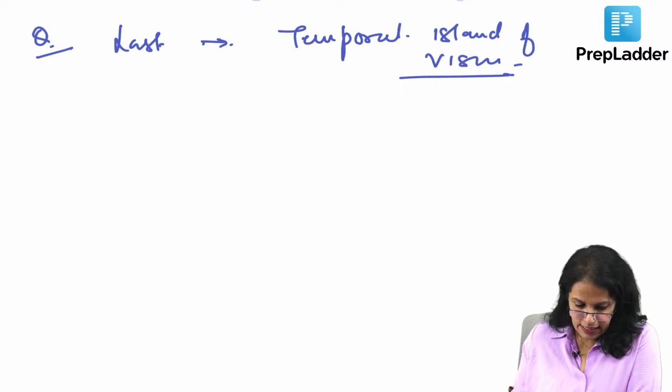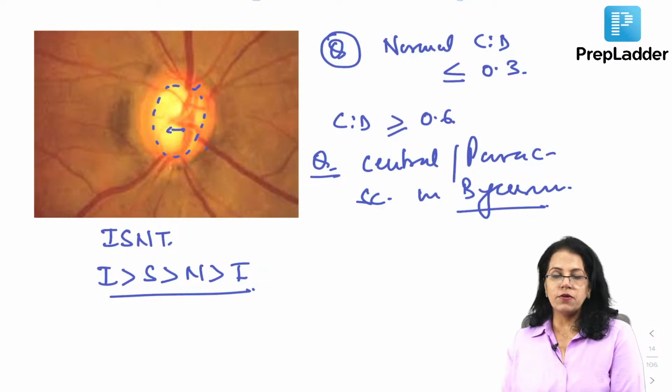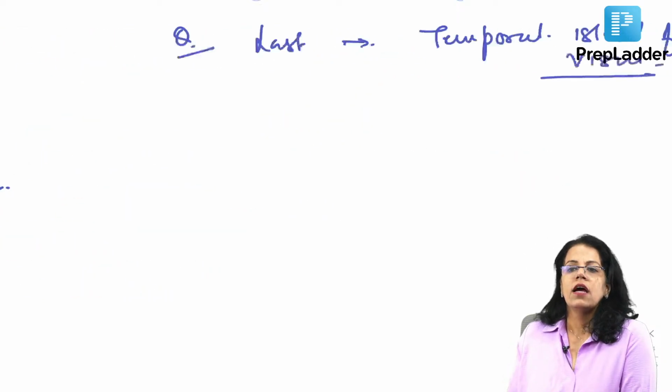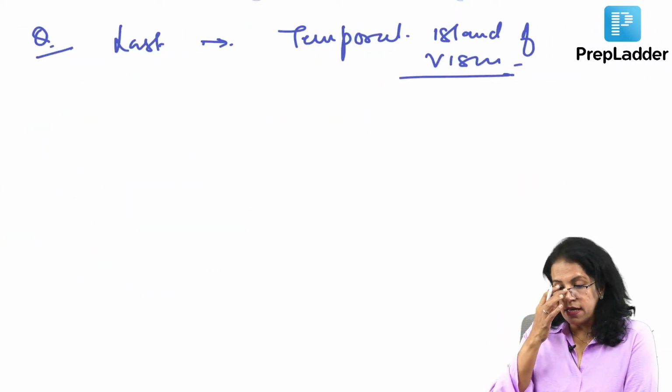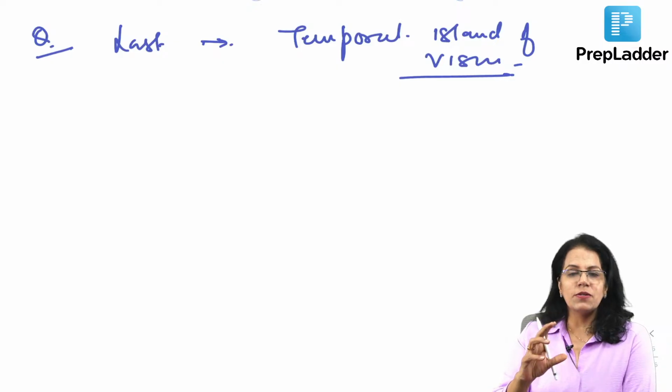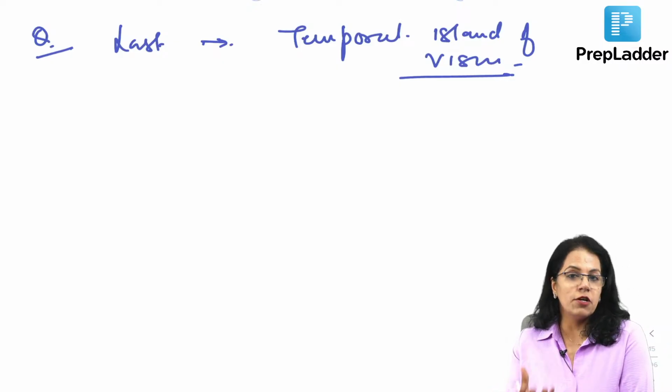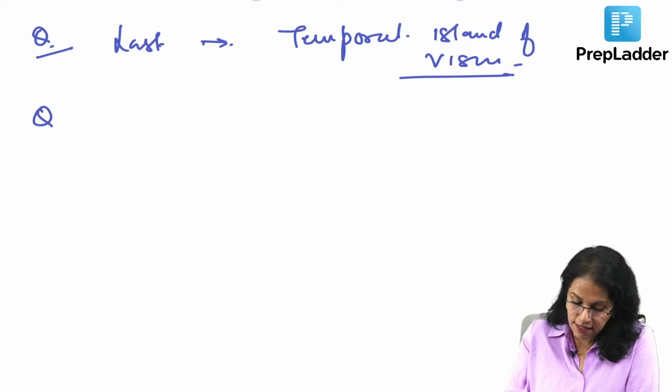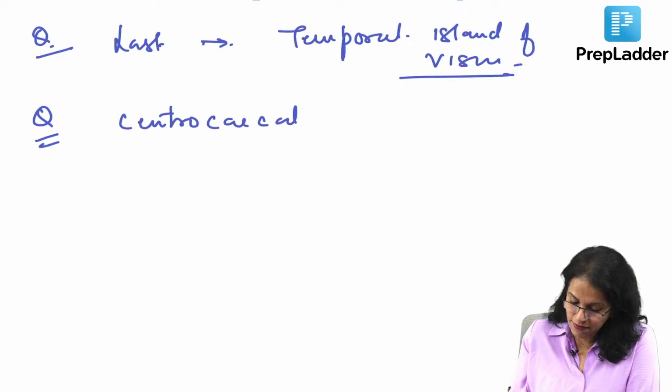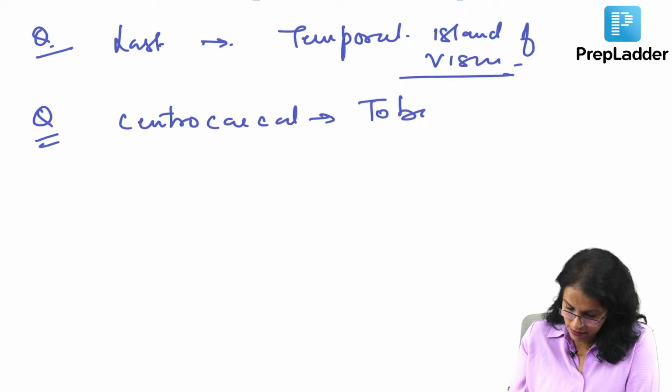Devaki, what did you just say? Explain to me why you are talking about centrocecal. It is a type of central scotoma, okay? At your level, you will just learn centrocecal can happen in any optic nerve lesion, and particularly we learn centrocecal in case of tobacco amblyopia, okay?